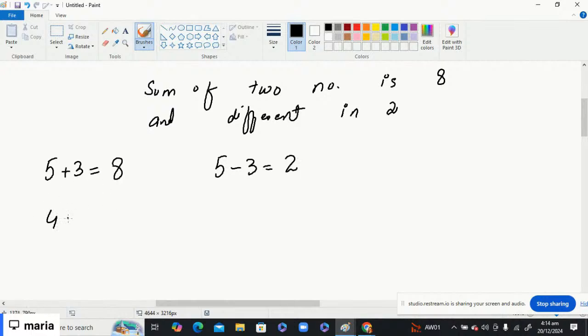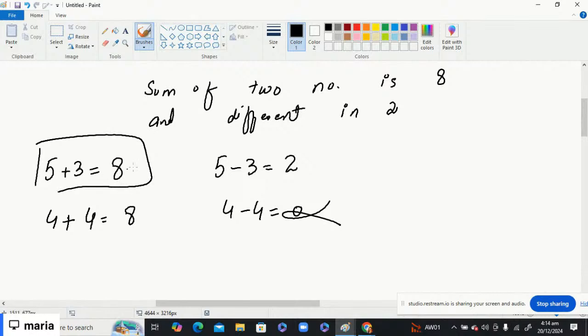If we say 4 plus 4, that is 8. When you check the difference, it's 0, so this is not it. Okay, the only case is this one, in which the two conditions are fulfilled.